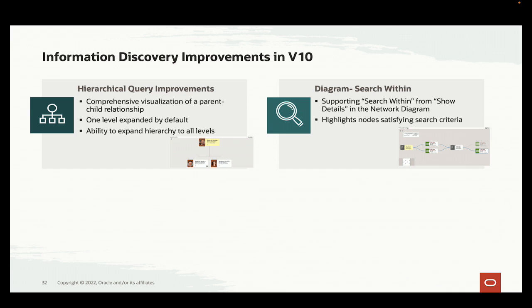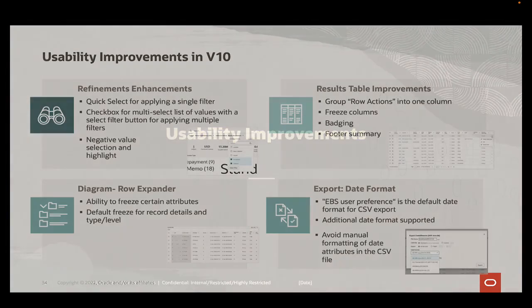Hierarchical query, I showed an example of that, and we're doing a lot more in V11 on this. Search within, that's what I did when I said, show me everybody that's in New York. We had it only in the hierarchical query in V9. In V10, it's also in the network diagram. So even if you're looking at something, for example, in manufacturing, you can take advantage of the same feature.